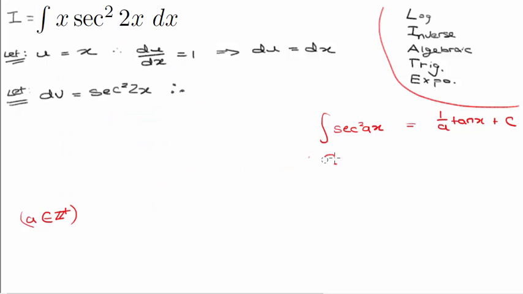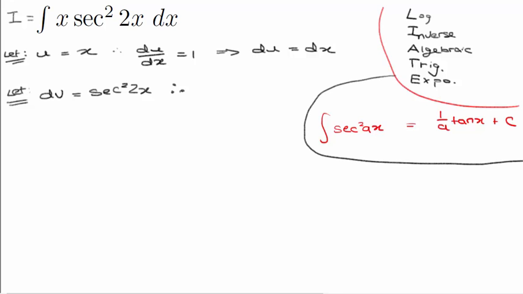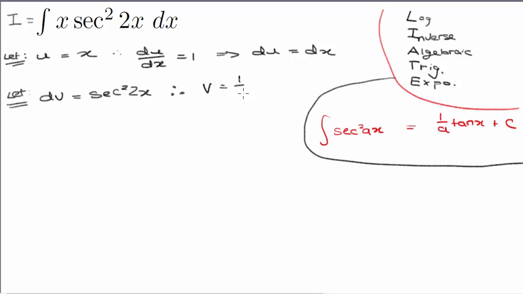If you aren't aware, this is on your formula sheet now, so you can easily refer to that. No worries. So box this off. Therefore, when we integrate sec squared 2x, we're going to get v equals 1 on a tan 2x. And sorry, I was meant to put a over here as well. My bad.